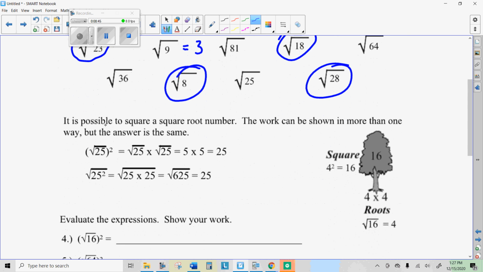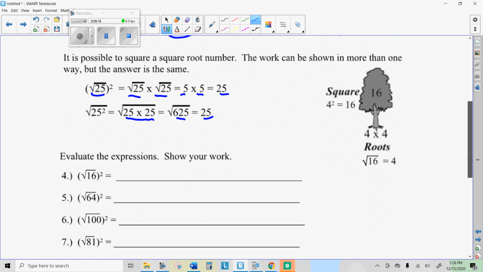Is it possible to square a square root number? The work can be shown in more than one way, but the answer is the same. Check out what happens. So if you do the square root of 25 times itself, that looks like that in expanded form. Each of those separately are equal to 5, and you end up with 25. We could also do it by multiplying the two 25s first, which is 625, and the square root of 625 is 25.